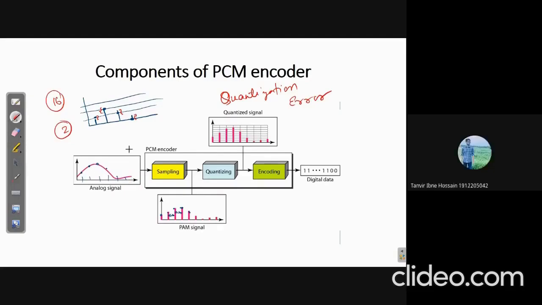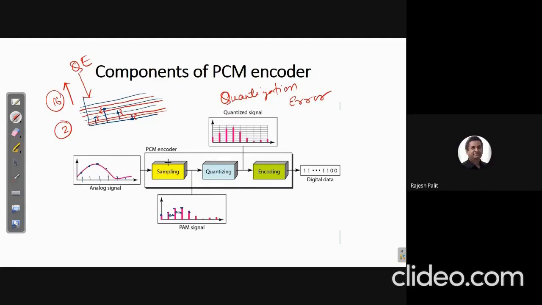If there are more levels, then the error will be the minimum. So the higher the number of levels, the lower the quantization error, because you will make less mistake, as you will find a level very close to the sample.